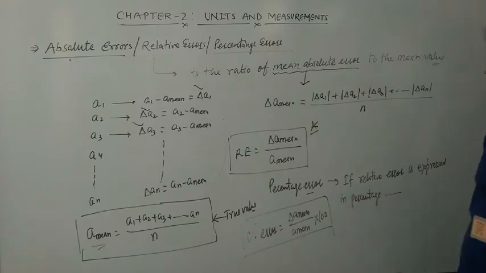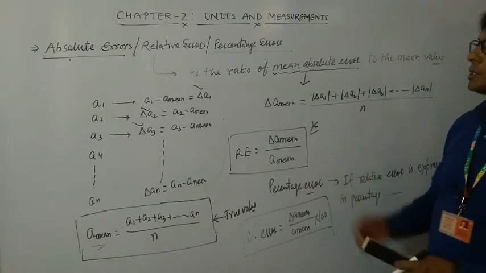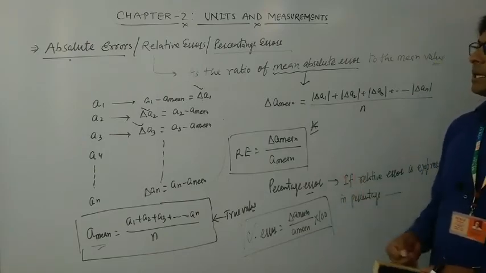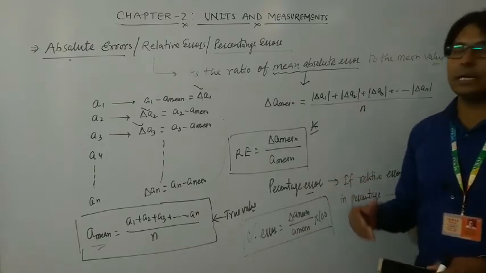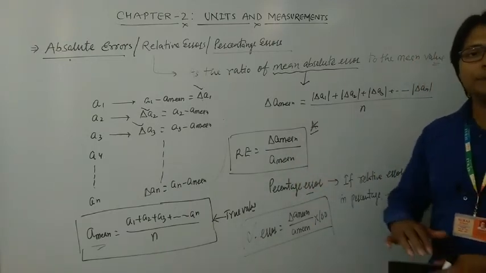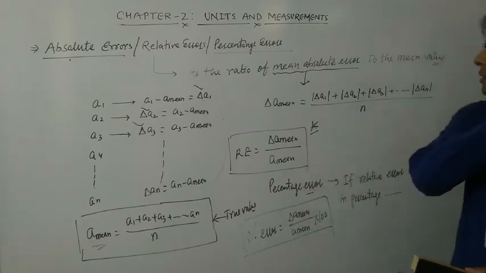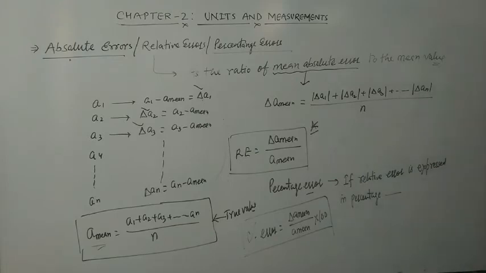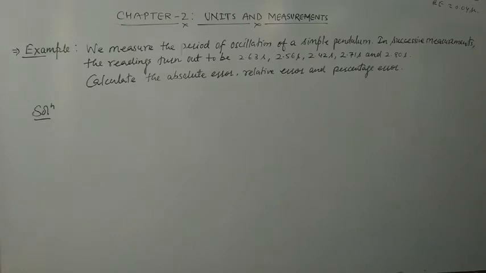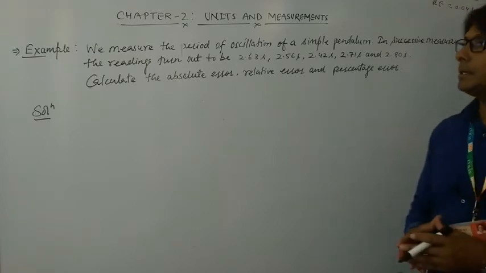Now we will try to solve a numerical problem on this topic so that you can easily make a concept of how to calculate the absolute error, relative error and percentage error of an observation. So next we are moving on to a numerical. Let us try to solve a numerical problem on the topic error.